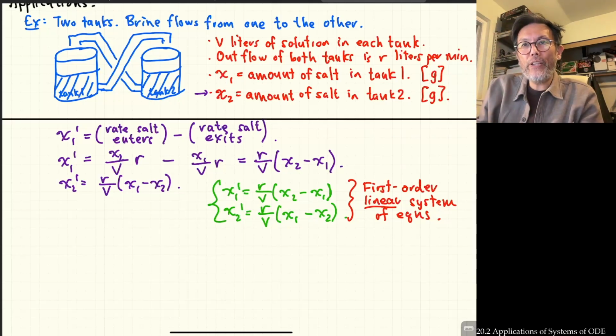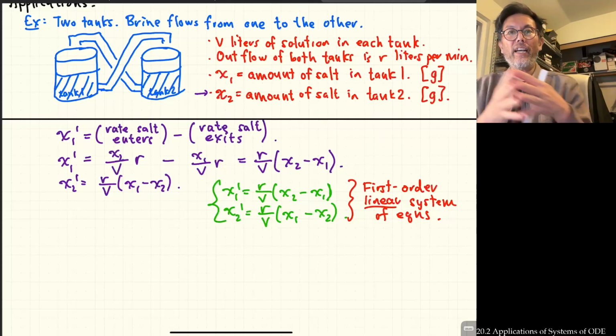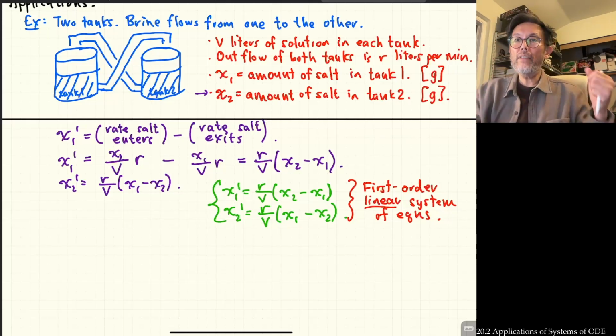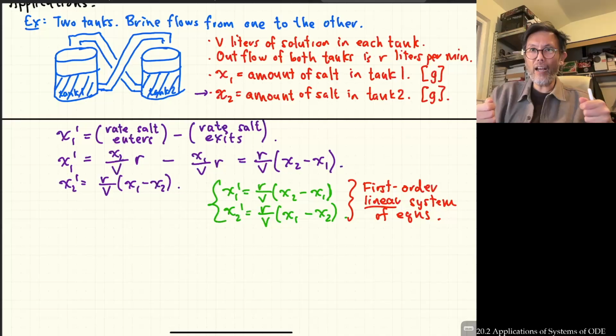Because one thing you can realize is that x1 and x2, the amount of salt in tank 1 and the amount of salt in tank 2, might change with time, but you know what won't change with time?